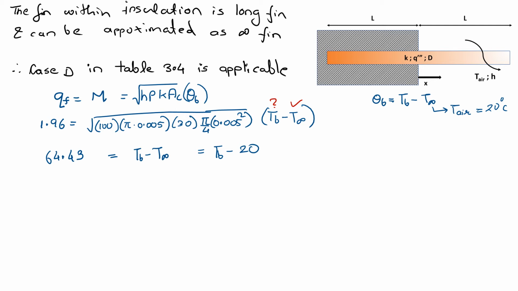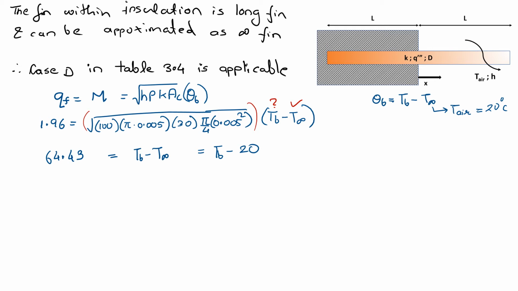So this is the relation that we get. So our T B minus T infinity will be equal to 64.43. I've taken the value which is inside this red bracket and divided, taking it to the left hand side. So basically I divided the entire equation by the term in the bracket, and that's how I got the 64.43.